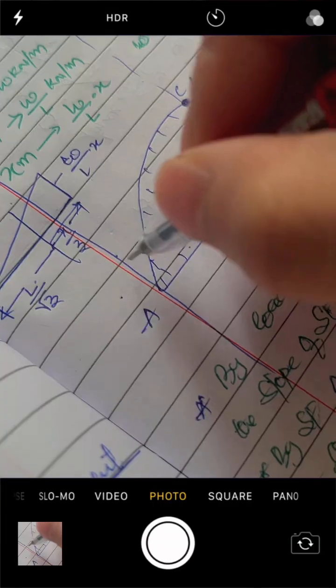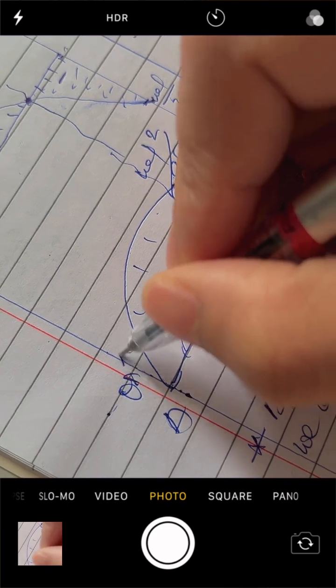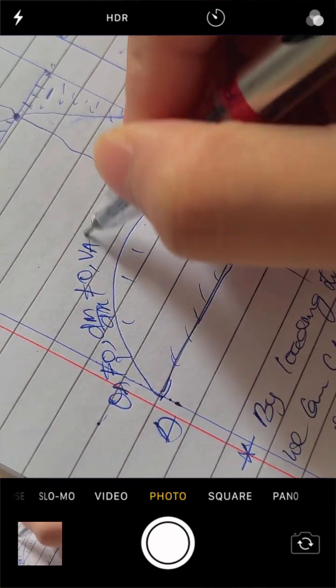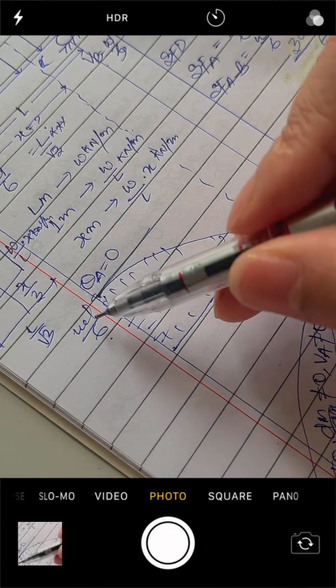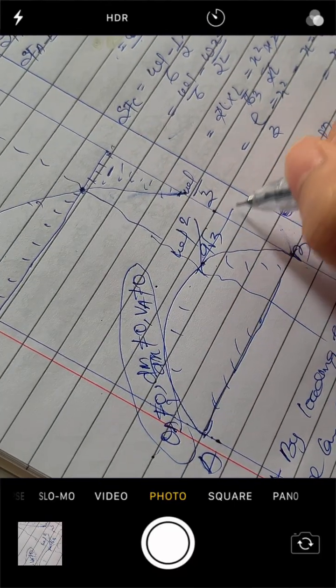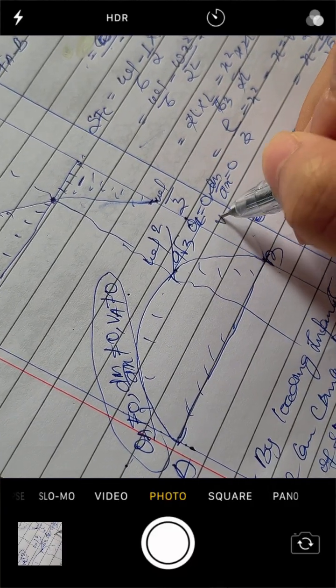Here you can see that theta A is not equal to 0, dM by dx is not equal to 0, so VA is also not equal to 0. Now you can match this with the diagram: here it is not 0, the shear force is WL by 6, so this matches. Similarly, here when you draw a tangent, theta C is equal to 0, dM by dx equal to 0, so VC is equal to 0.